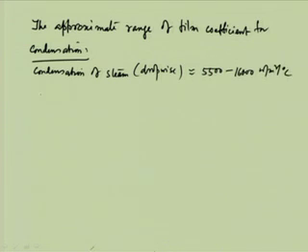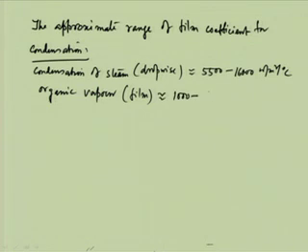For organic vapor, film type, it is nearly equal to 1000 to 3000 watt per meter square per degree centigrade, and it is said that these values may be very high for clean surfaces.